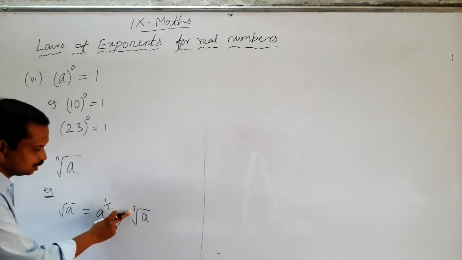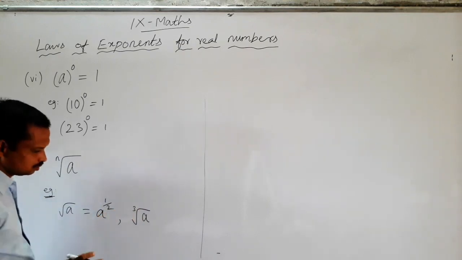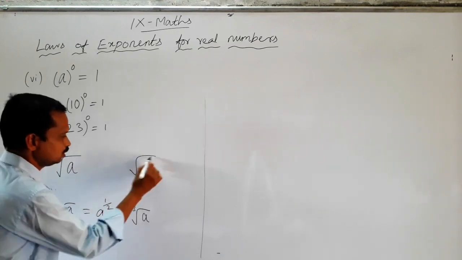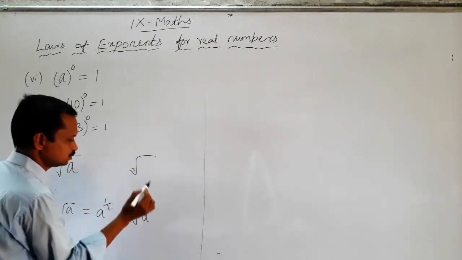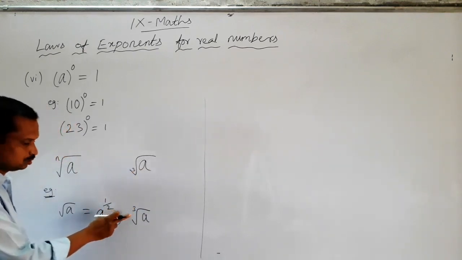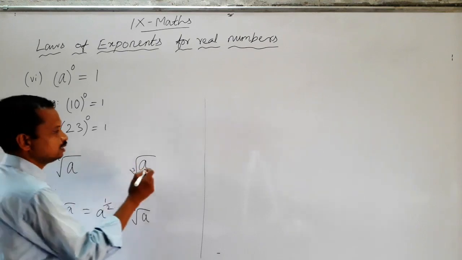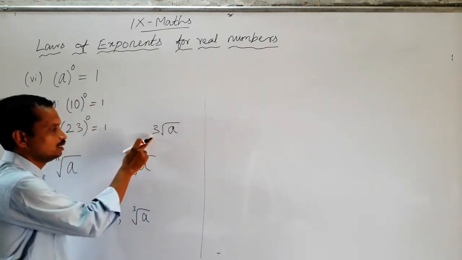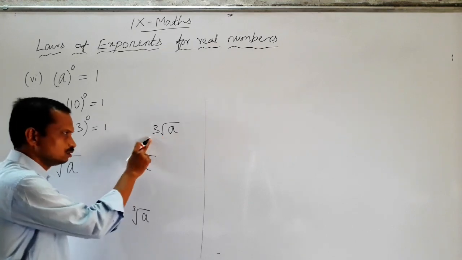Then you have to represent it. But to avoid confusion, I am writing it here. Otherwise, you write it like this as a small letter. If you write it in such a way, then this is wrong.